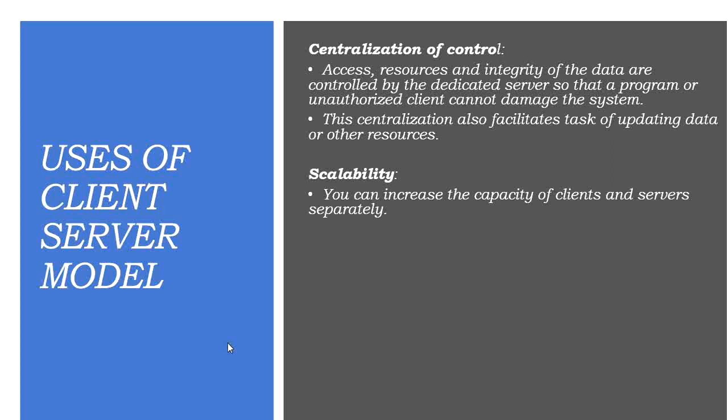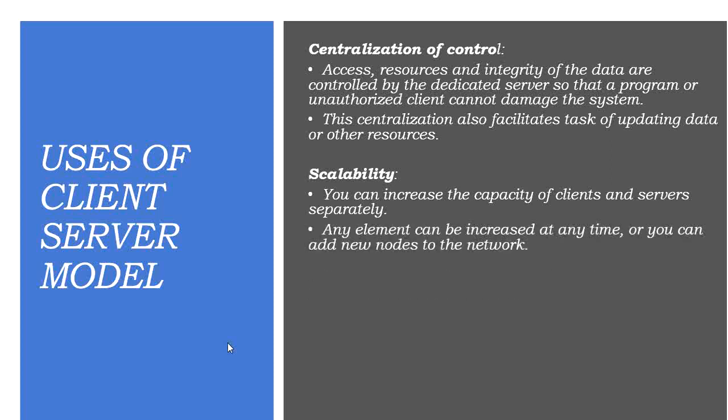You can increase the capacity of clients and servers separately. Any element can be increased at any time, or you can add new nodes to the network. So what does it mean? When it comes to scalability, not only one person will search for something, right?